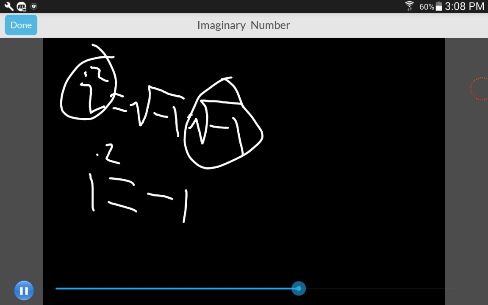Pretty simple. But there's also another problem. If i is to the third power, that equals, well, who knows? Maybe 1.